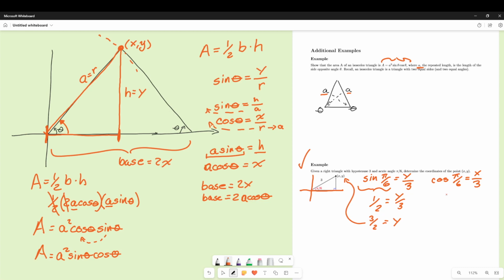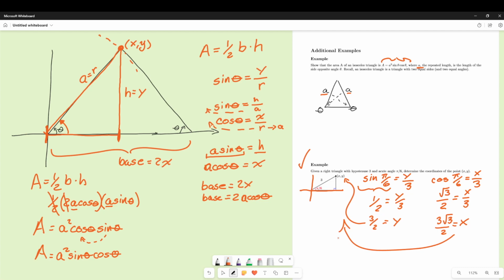We know the cosine of pi over 6 is the square root of 3 over 2. Again, go check out the notes from your video last time. And we know that's got to be equal to that ratio x over 3. So multiply the 3 over, 3 square root of 3 over 2 equals x. So that's our x value.